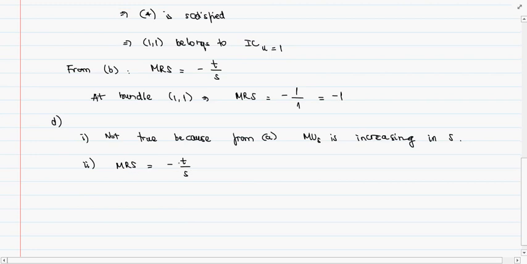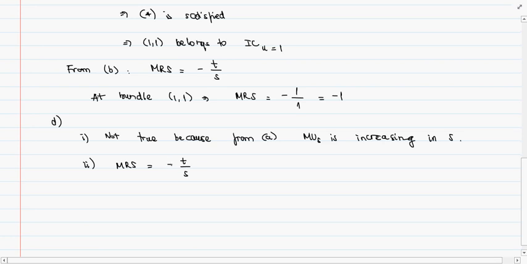Now, when we talk about decreasing or increasing, we're talking about the absolute value. We do not care about the negative sign over here, so you just ignore the negative sign.